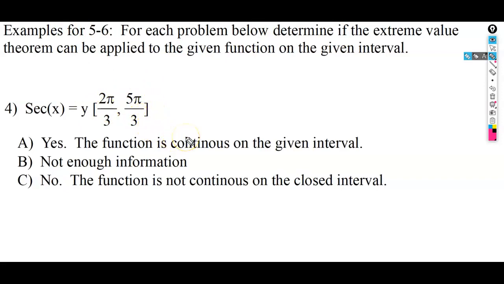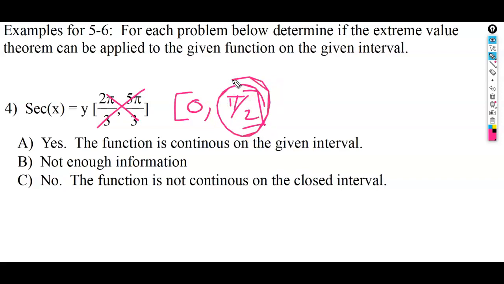So let's just say I gave you a different one now. Let's say I asked you, how about this from 0 to pi over 2? Well, you couldn't be sure. The EBT does not apply anymore because secant doesn't exist at this endpoint, so therefore you can't apply it. And if you think about the secant graph that I showed you on that sheet that I printed out, it would look something like this at pi over 2.